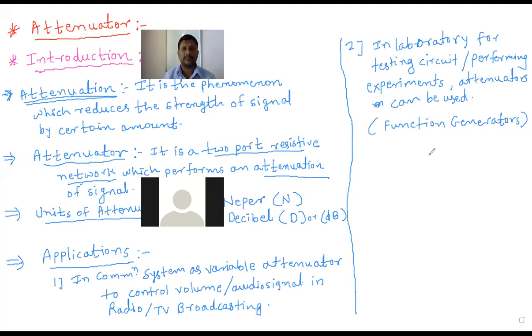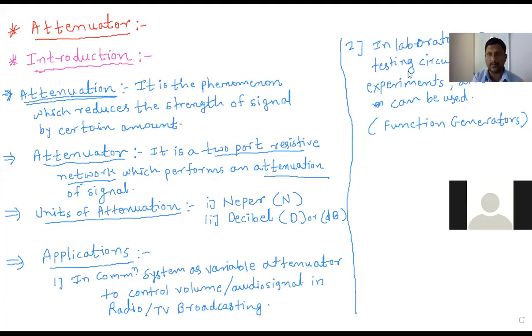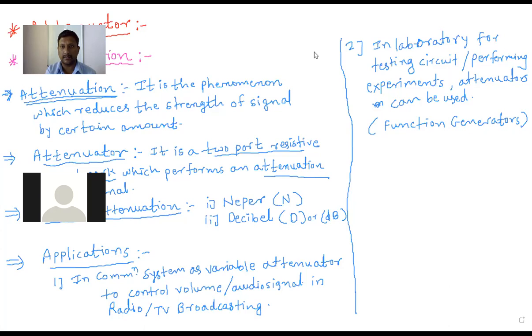Okay. Now next will be the classification. So everyone understood now the definitions and applications. Next we can consider the classification, and then we can start one by one. Classification or types of attenuator.